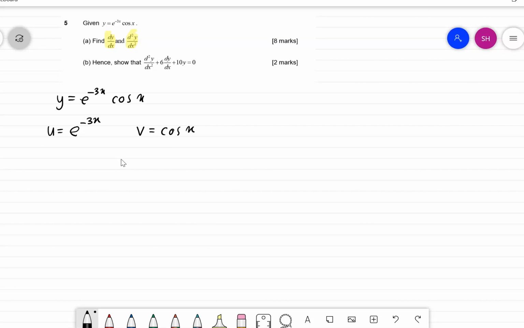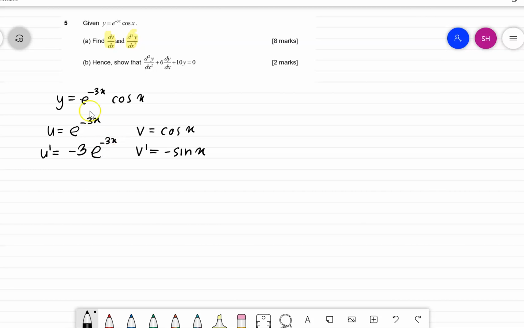Then we find u prime. Differentiate e to the power of negative 3x, we copy exactly, and then times by differentiate the power, we get negative 3. For v prime, differentiate cos is negative sin x.